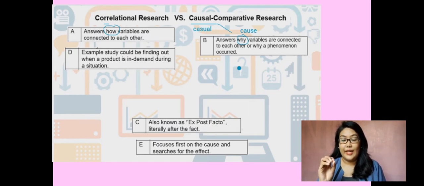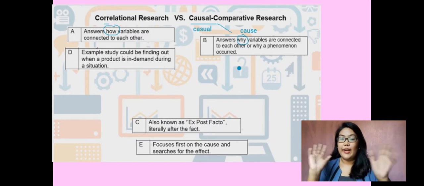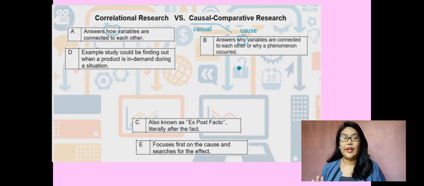This is more of, again, the cause. The other one is the process. Paano? How? Okay? But again, do not be confused with the words. They are comparing, they are relating two or more variables, okay? But the other one is more in-depth, an investigation, a scientific experiment later on that finds out the reason behind something.